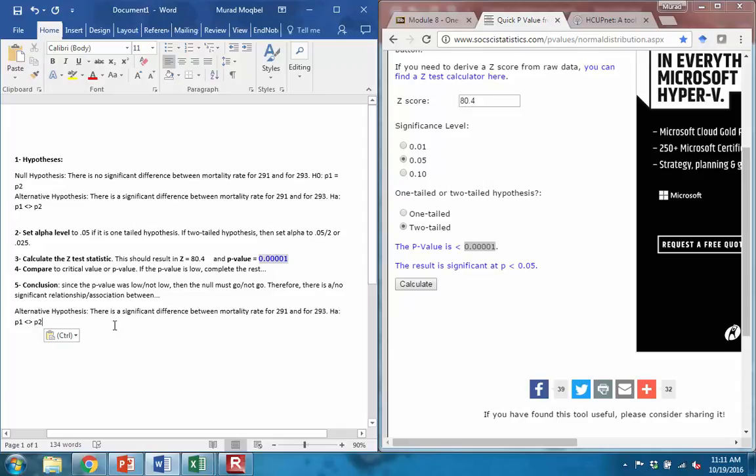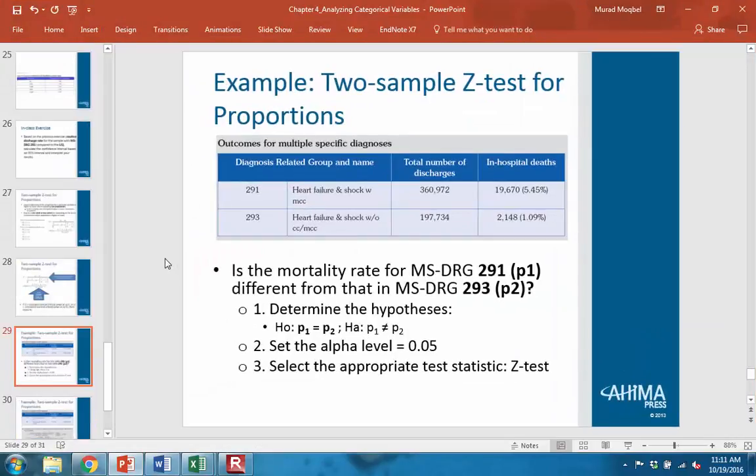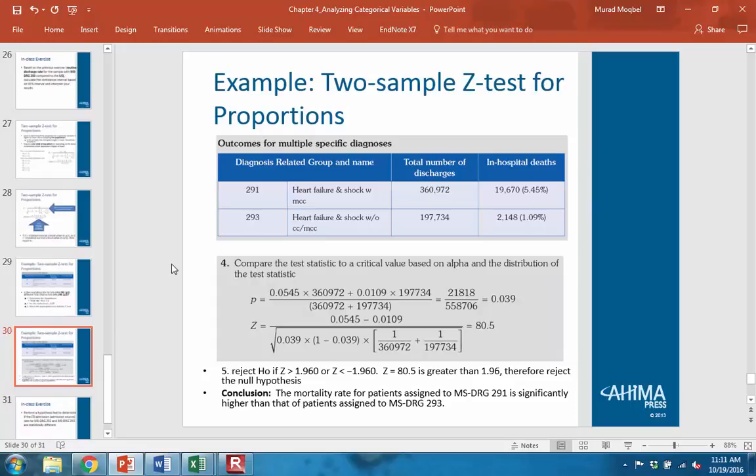So then we can conclude that there is a significant difference between mortality rate for 291 and 293, right? Simple, straightforward, right? So very easy. Now we'll continue and see if we can do another example by using our own. Those might be a little bit different, but the way I am showing you is the easiest and the shortest way that you can follow.